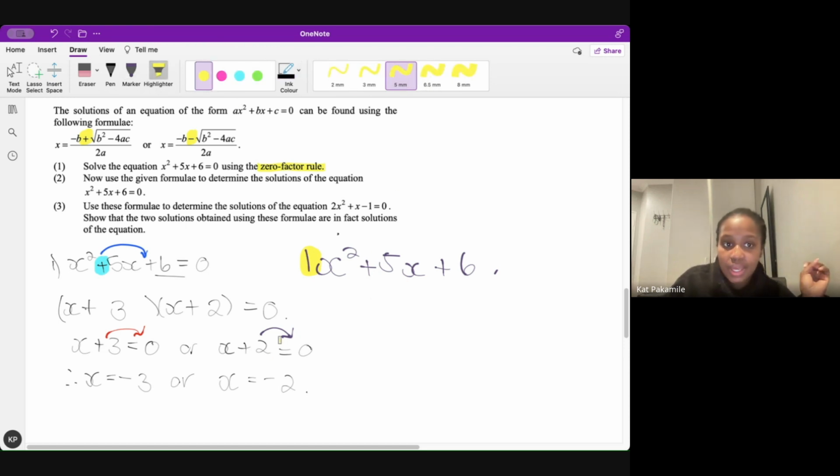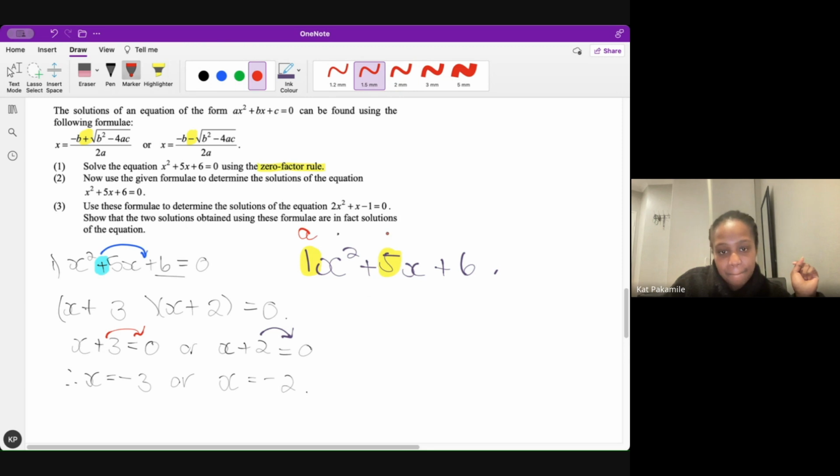What is B for my equation? For our specific equation, B is 5. And what is my C? C is positive 6. And once you have figured that out, my lovelies, you can just substitute. Let me show you.